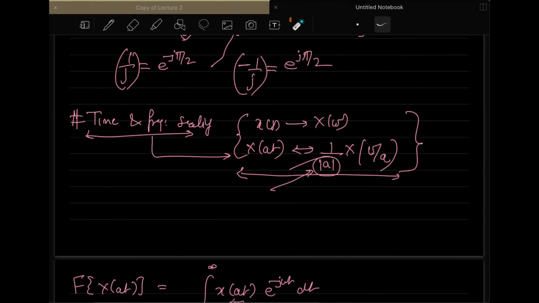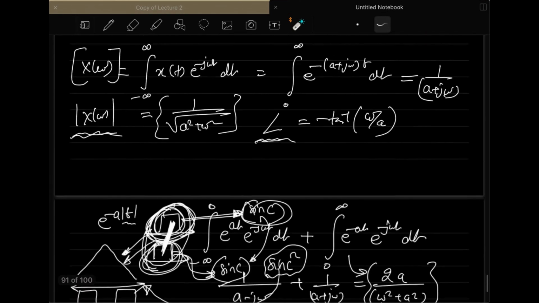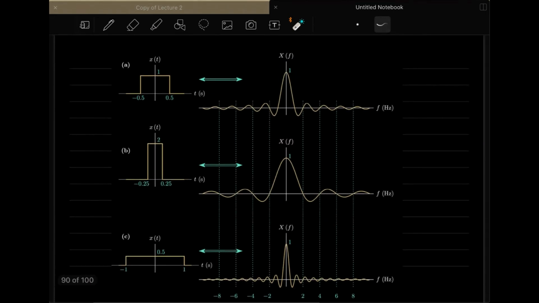So you can observe from this property that if you scale by a on the time axis, the corresponding scale in the frequency axis is 1 by a. And we have seen this during our course of study here. This property is reflected here, where this is, let us say, your original signal and the corresponding Fourier transform.